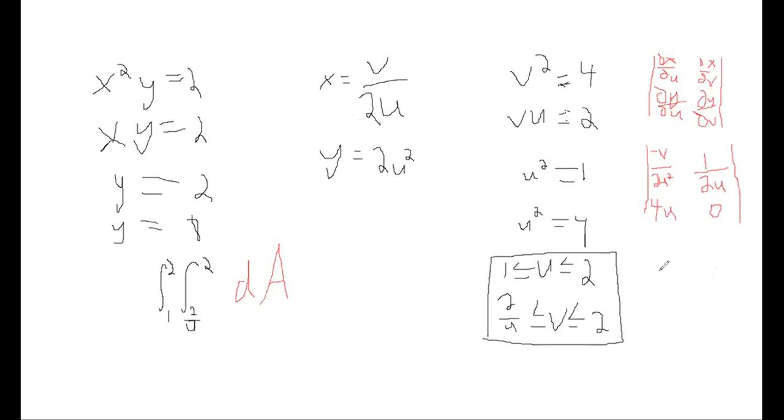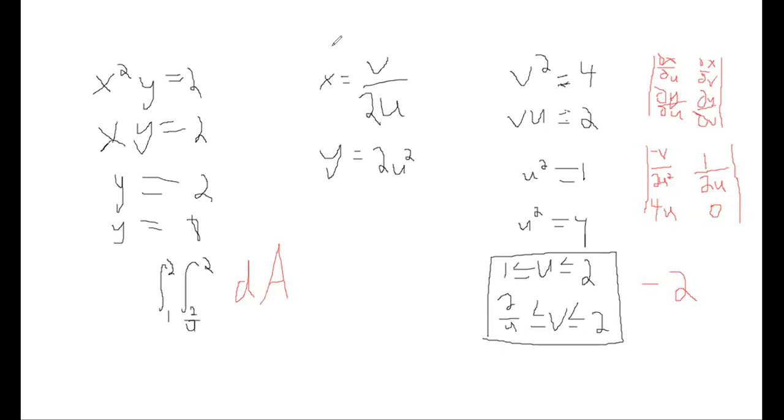So the determinant here is just going to be negative v over 2u squared times 0, which is 0, minus 4u times 1 over 2u, which is going to be negative 2. But keep in mind that we need this to be an absolute value, right?